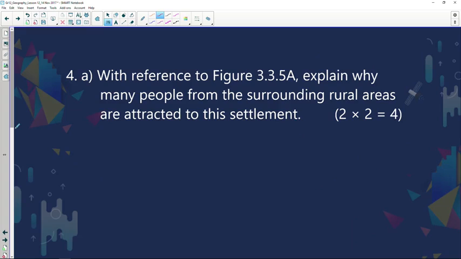Now, our last question. With reference to figure 3.3.5a, explain why many people from the surrounding rural areas are attracted to the settlement. Now, obviously, if you think about what we learned, we experienced rural-urban migration. Now, if you can imagine, why do people want to go and live in an area like what this figure shows? Obviously, many employment opportunities, better service delivery.